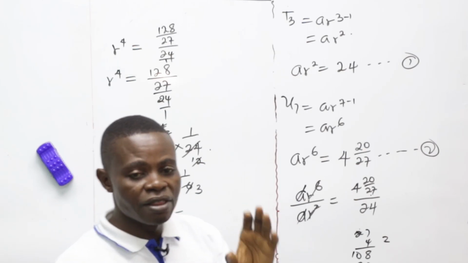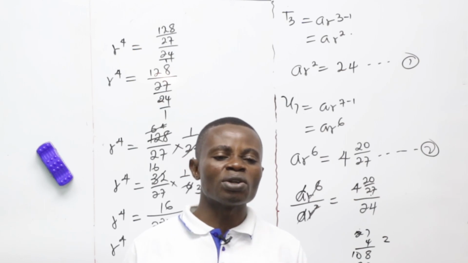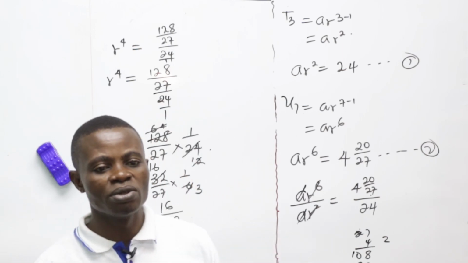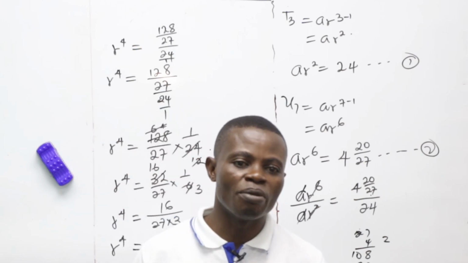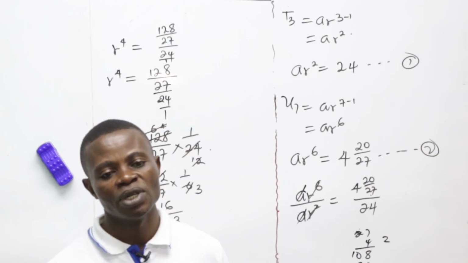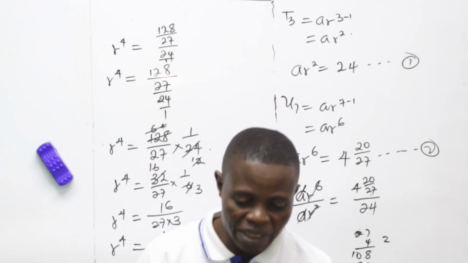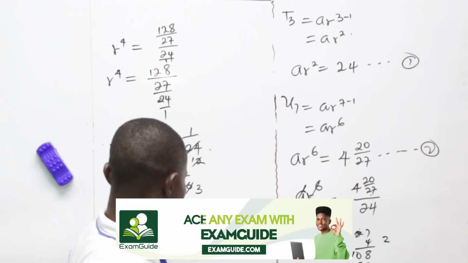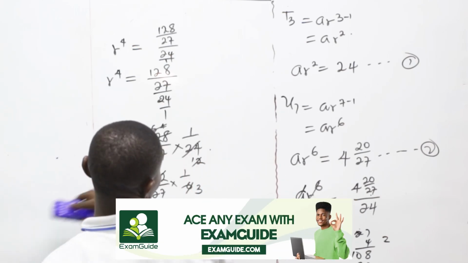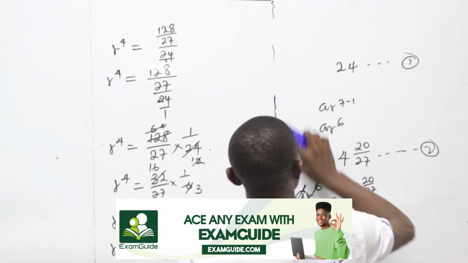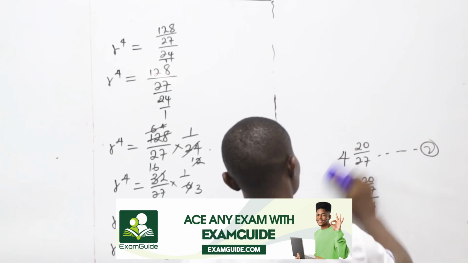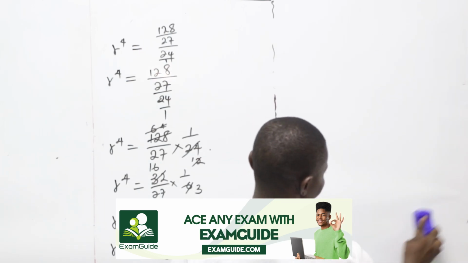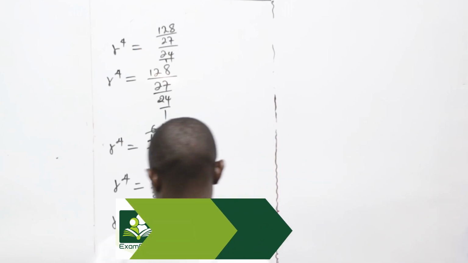Recall that whenever a given number is not a prime number, represent such a number in index form. Now the question is, how do you represent 16 and 81 in index form? If you don't know, you consult your LCM, or you go back to watch the video on indices.